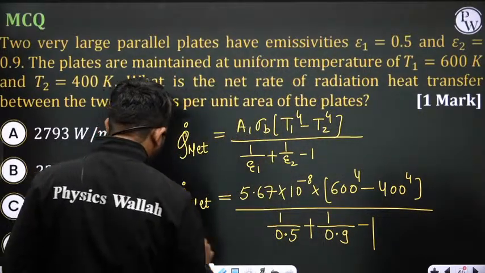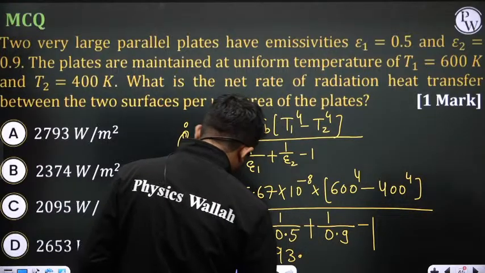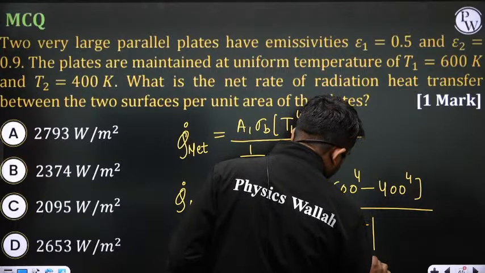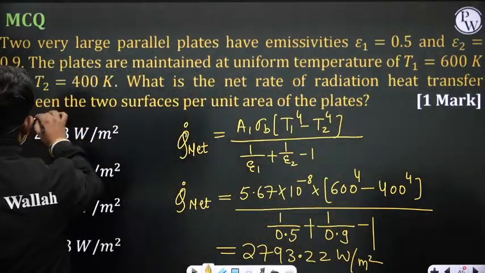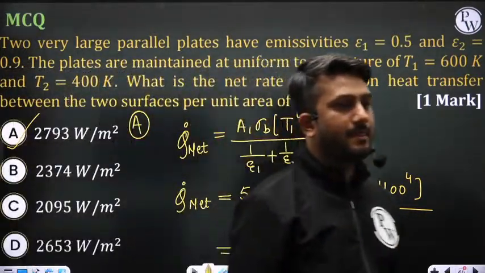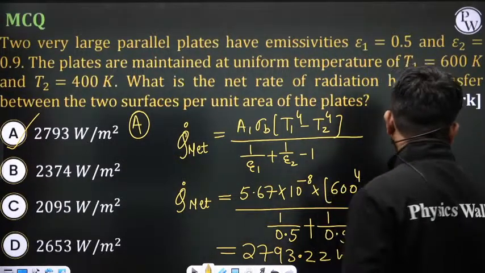So this comes to 2793.22 watt per meter square. So what is the correct answer? The correct answer is A. A is the correct answer.